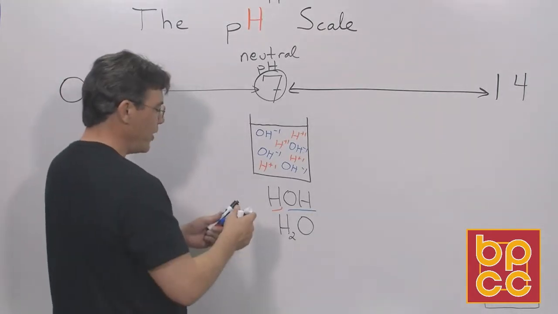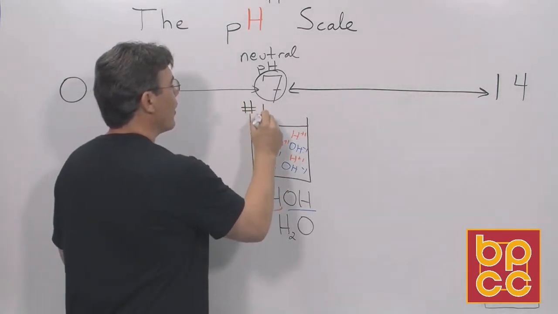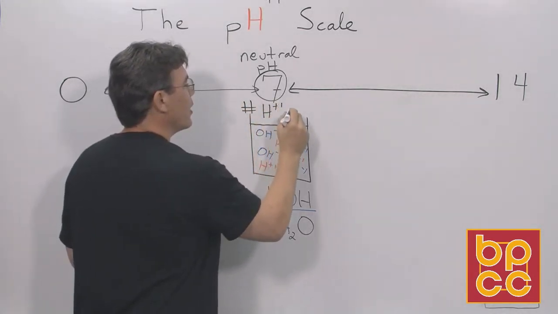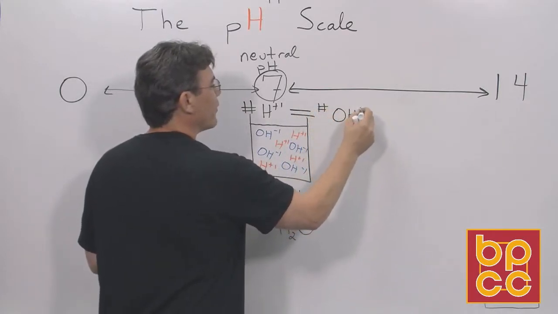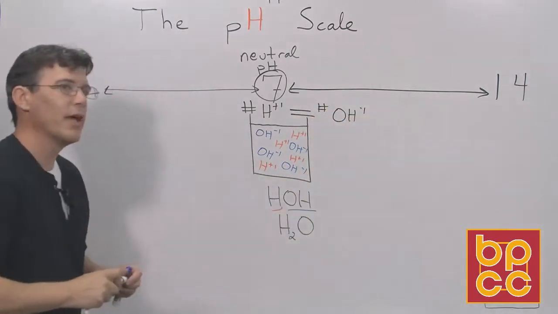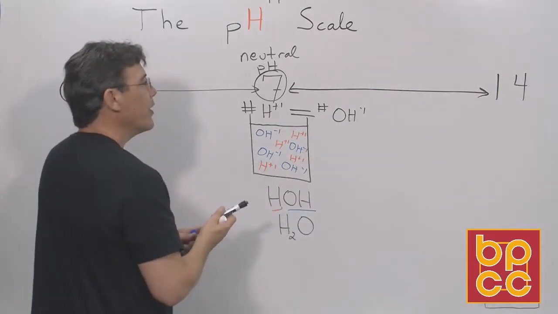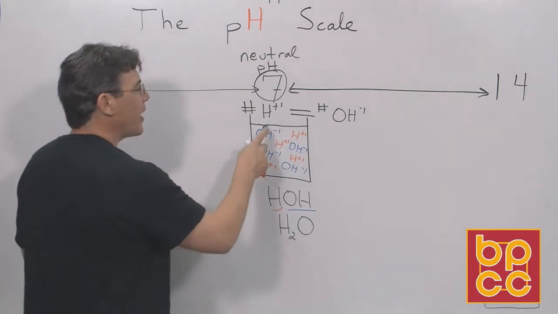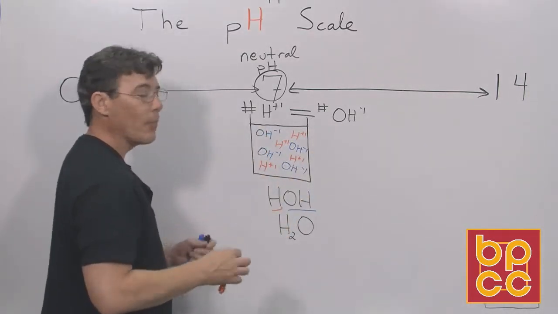Okay, so at neutral pH, what we can say is that the number of H plus 1s equals the number of OH minuses. Okay, neutral pH. Anywhere away from 7, though, and one or the other of these ions, H plus 1s or OH minuses, has an advantage number-wise.